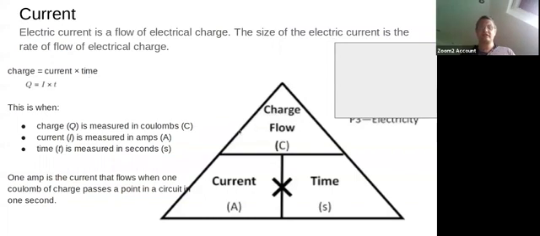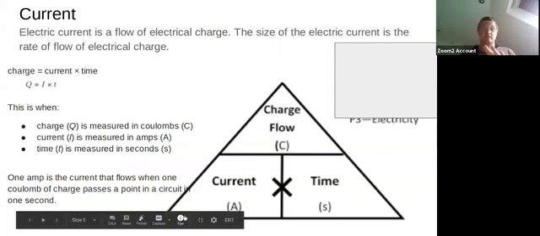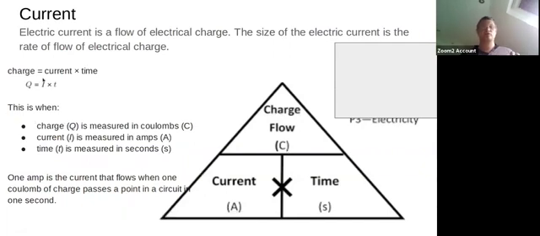Now you'll notice in this triangle, which we'll come to in a second, that it's got a C there, that's the unit. Charge, the letter for charge when you're writing out an equation is Q, but it's measured in coulombs, and rather than writing coulombs, we just use a capital C. A bit like for seconds, we use an S, but for coulombs, we use a capital C. So that capital C in the triangle is about the unit of charge.